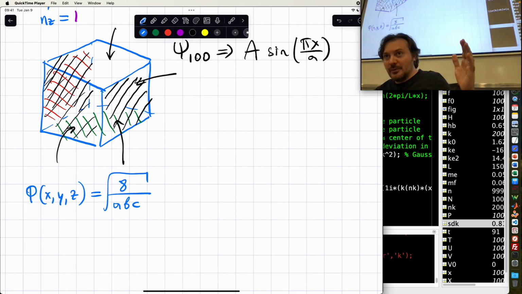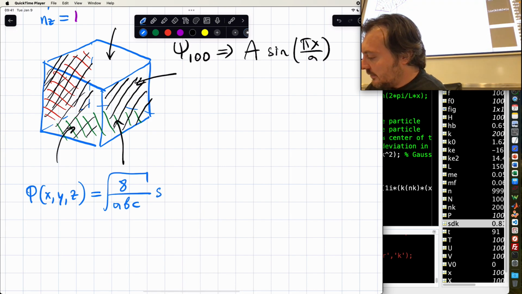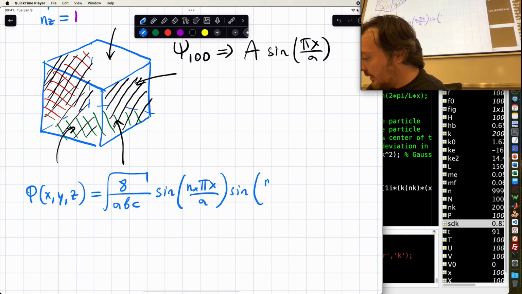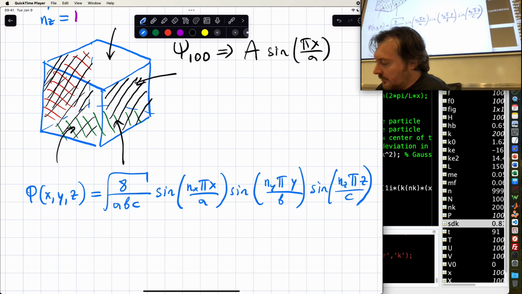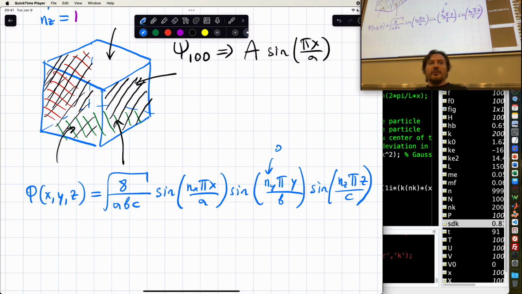You multiply them all together, right? And you get sine n_x pi x over a, sine n_y pi y over b, sine n_z pi z over c. Okay, and if you put any of these to 0, the whole thing just becomes 0.